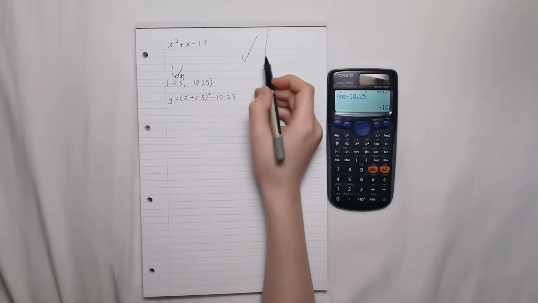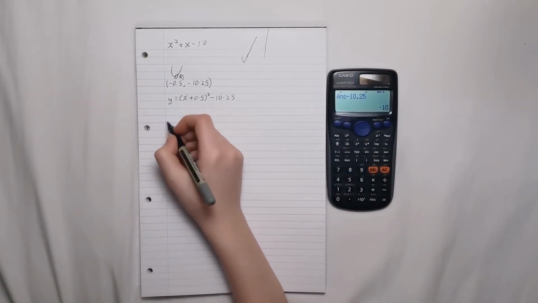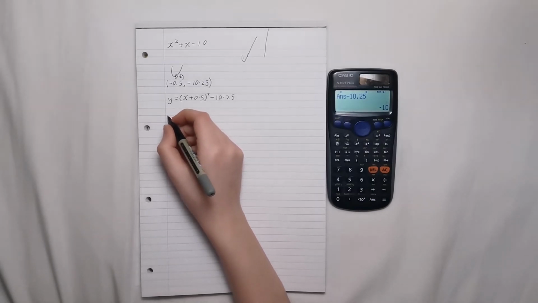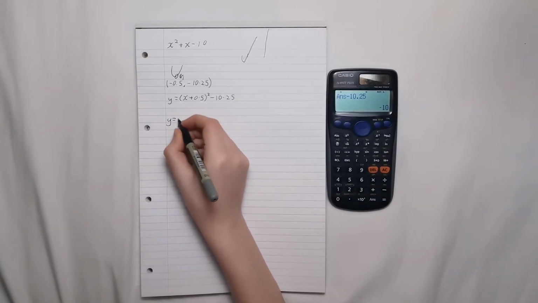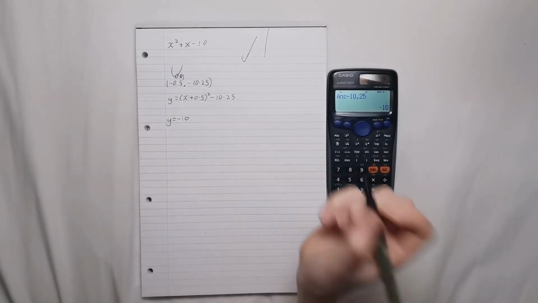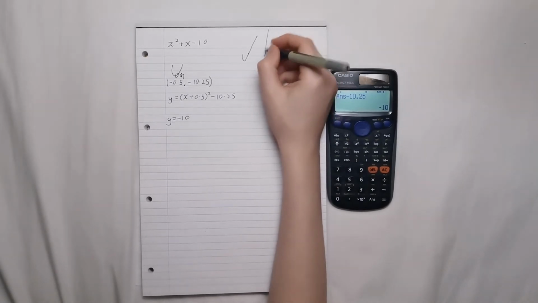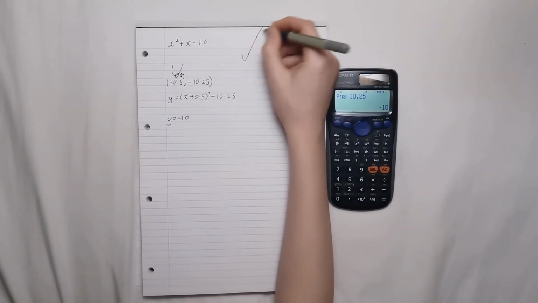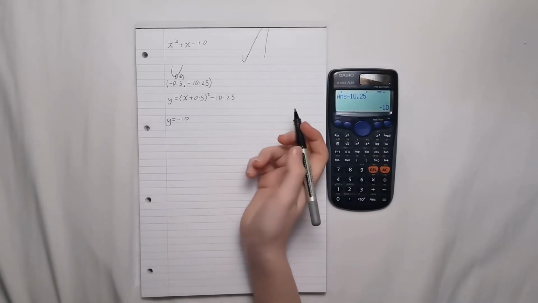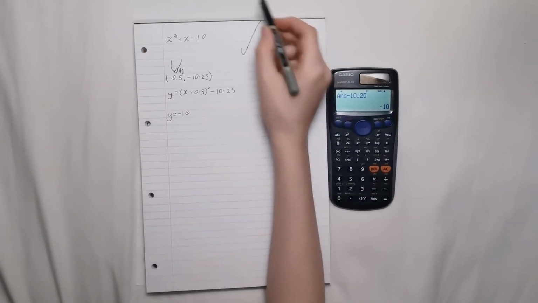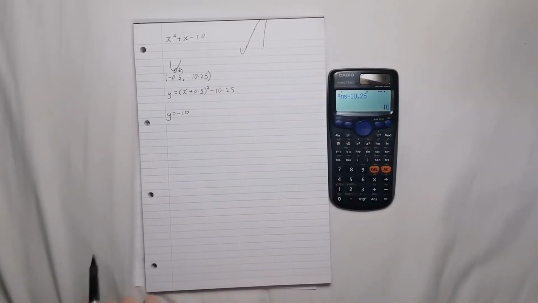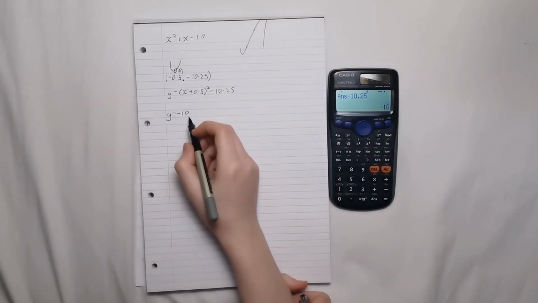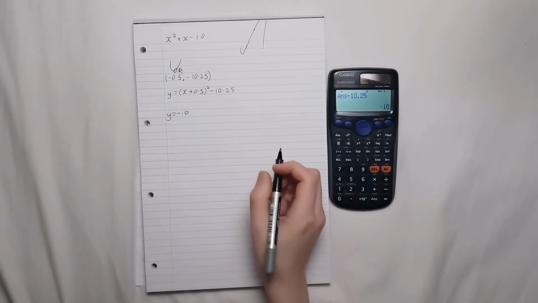So that means here, the y-intercept is at y equals negative 10. So this point up there where they meet is y equals negative 10. Even though it looks like it's high up, that means the axis is just even higher. So that is step 3 done.